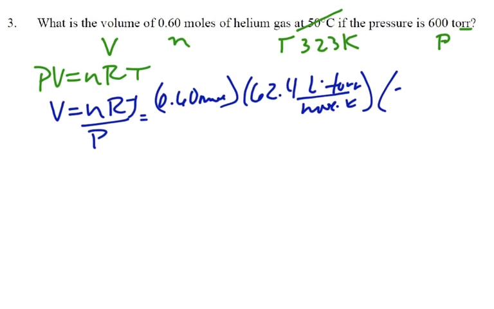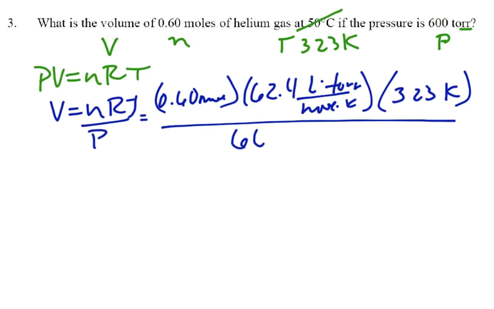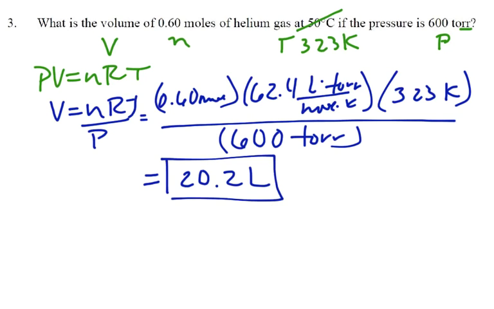And the temperature is 323 Kelvin. All of that over the pressure of 600 torr. Now when we go back and calculate, we find out that comes out to be 20.2 liters.